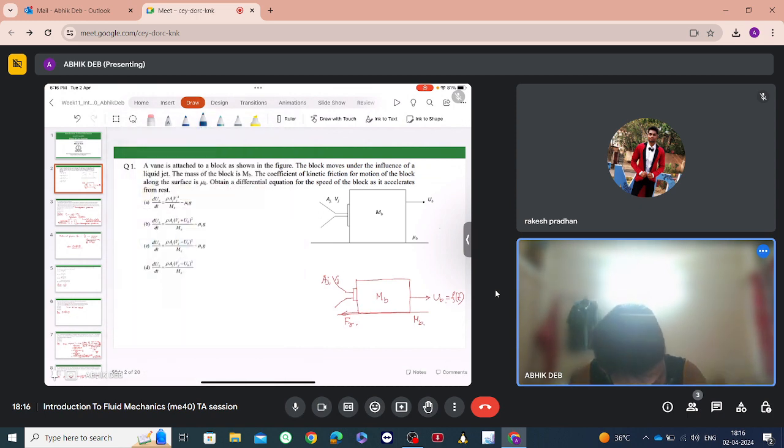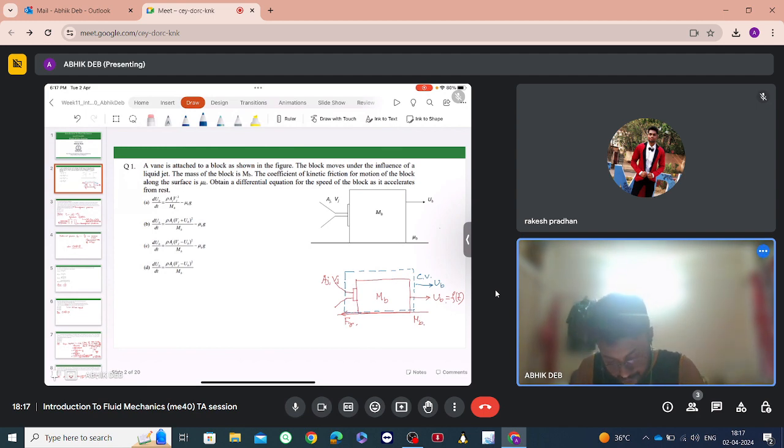We consider this as the control volume which is moving, also at a velocity ub, but its shape or dimensions are not changing with time, that is, its volume is fixed with time. So the first term on the right hand side of the momentum conservation will become 0.